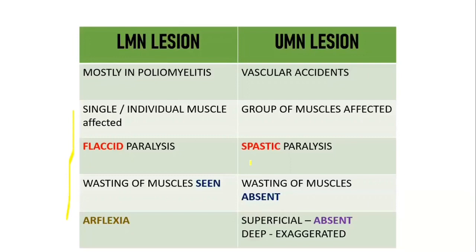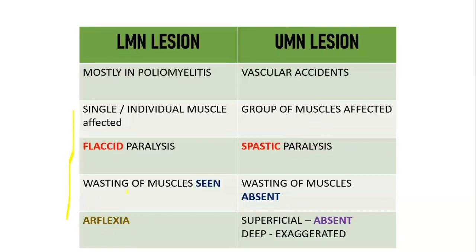That is spastic paralysis, so hypertonia is seen. So hypotonia with reflex arc damage in a lower motor neuron lesion is called flaccid paralysis. Hypertonia with the reflex arc intact is called spastic paralysis. So in an upper motor neuron lesion, a group of muscles is affected, with spastic paralysis.